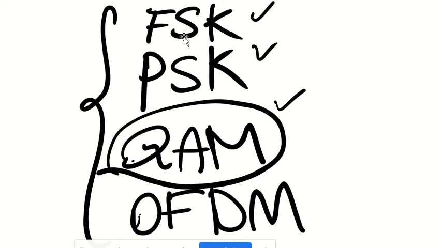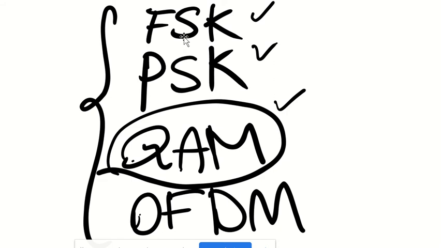What do I mean by spectral efficiency? That means how well a specific modulation technique can fit data into a minimal bandwidth. Because bandwidth matters, right? You want to occupy as small a bandwidth as you can, so you have space for other information that is sent.